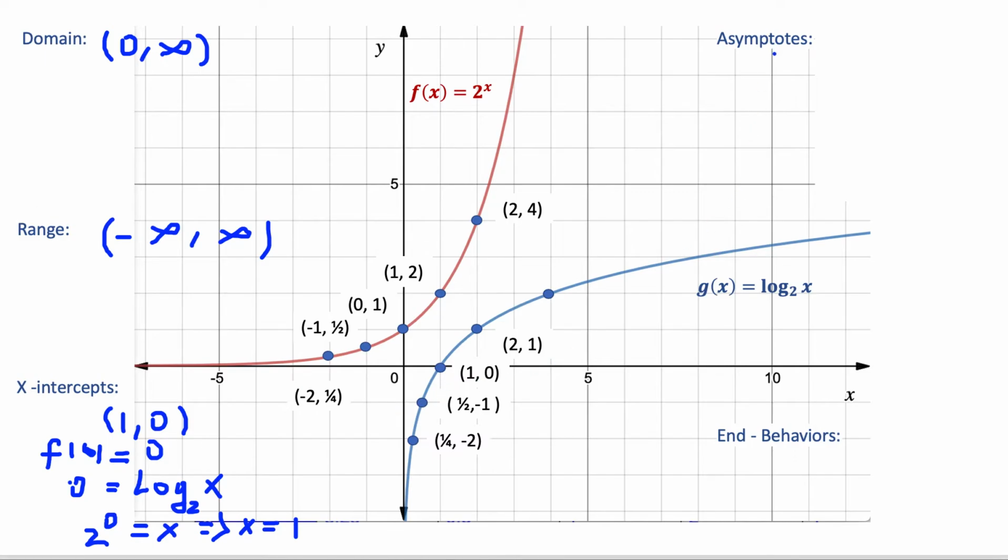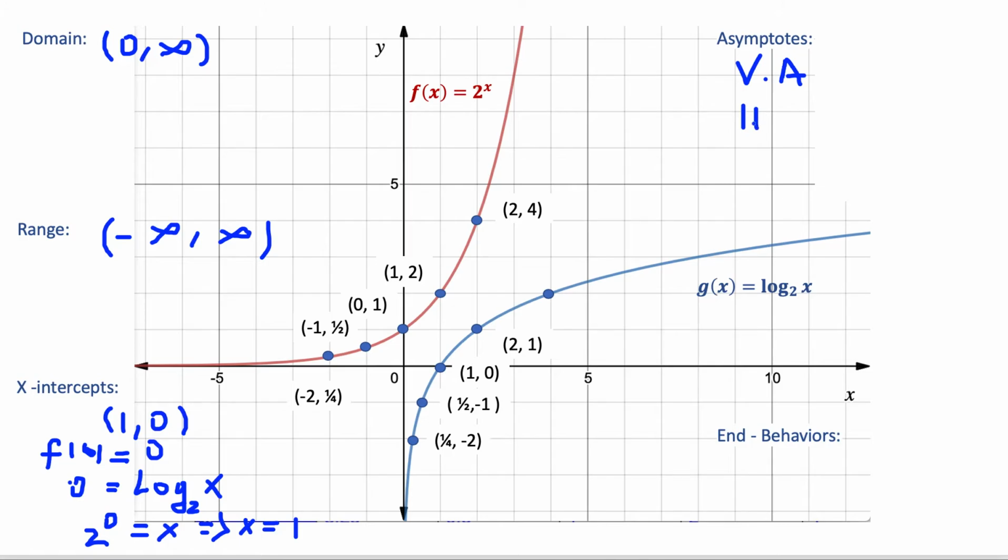Asymptotes of the logs. All the logs have a vertical asymptote. And logs do not have horizontal asymptotes. Horizontal asymptotes belong to exponential functions, but log functions do not have a horizontal asymptote.